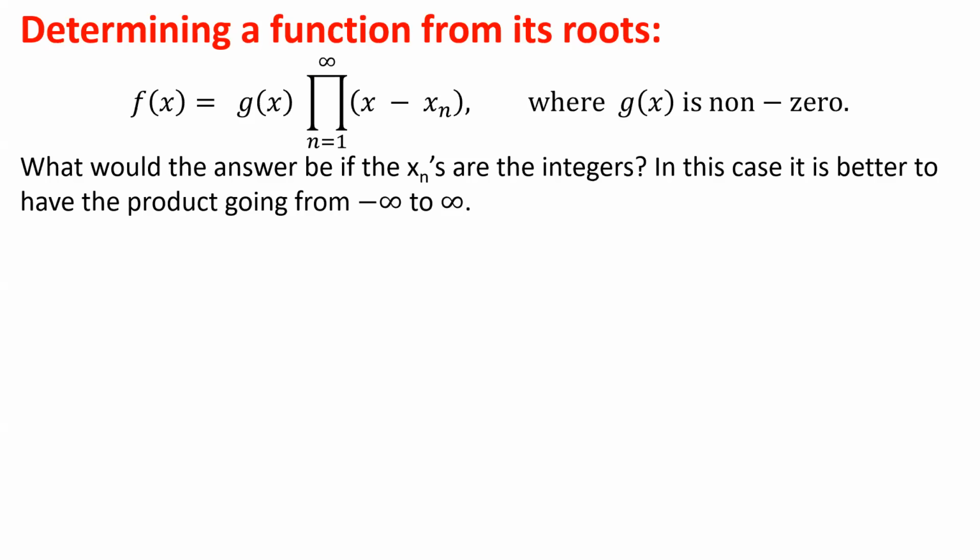And so if we try to do that, we would guess maybe some g of x, and we'll figure out what g of x can be later. But for now, let's look at h of x, the product from minus infinity to infinity of 1 minus, there's a lot of different ways to do it, x minus n.